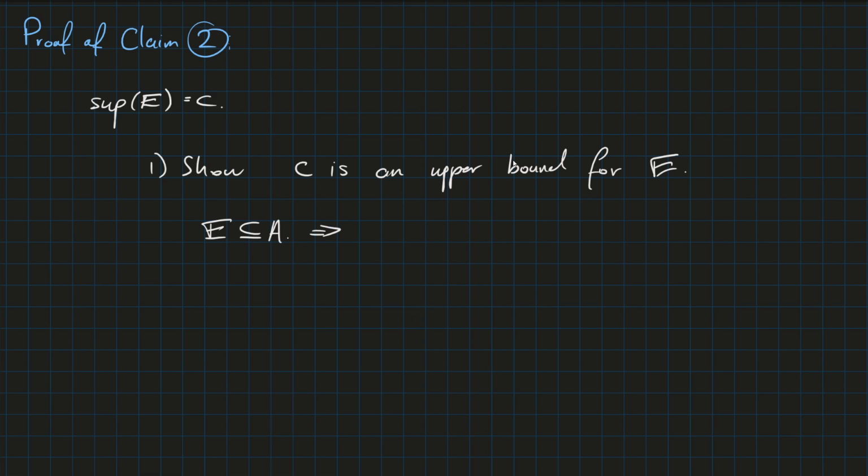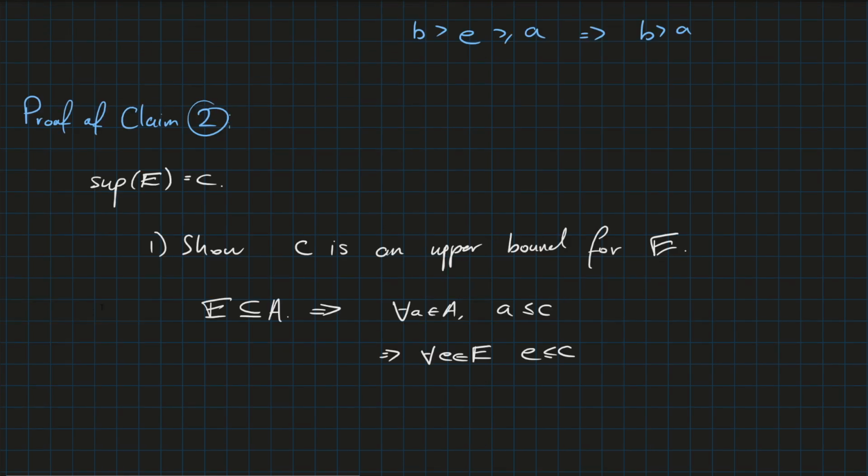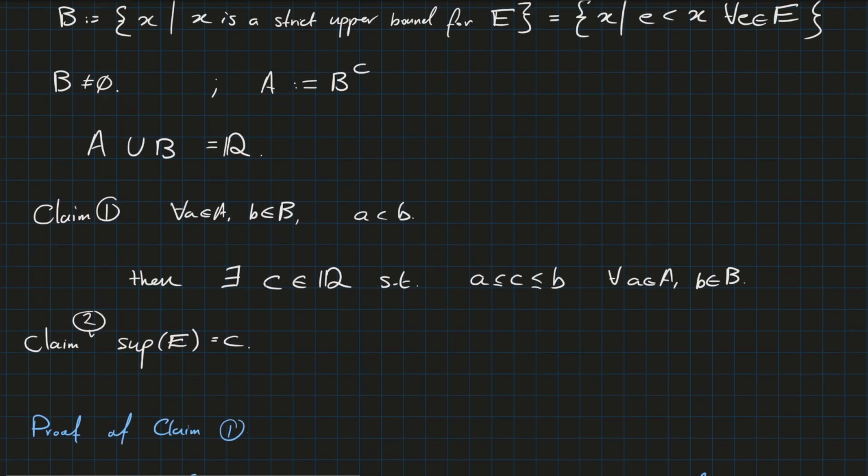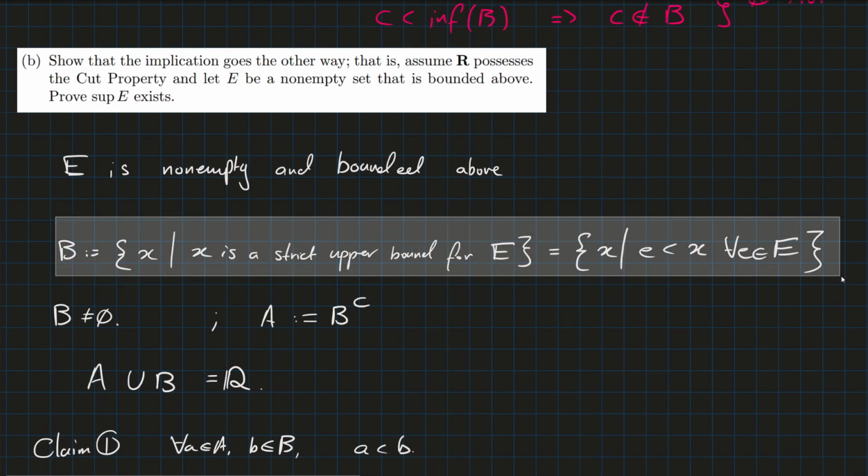So since E is a subset of A, we have that since for all a in A, a is less than or equal to C, well, then we get that for all e in E, e is less than or equal to C because E is in A. And we know E is a subset of A because take any arbitrary element of E, it certainly can't be in B the way we've defined B, right?